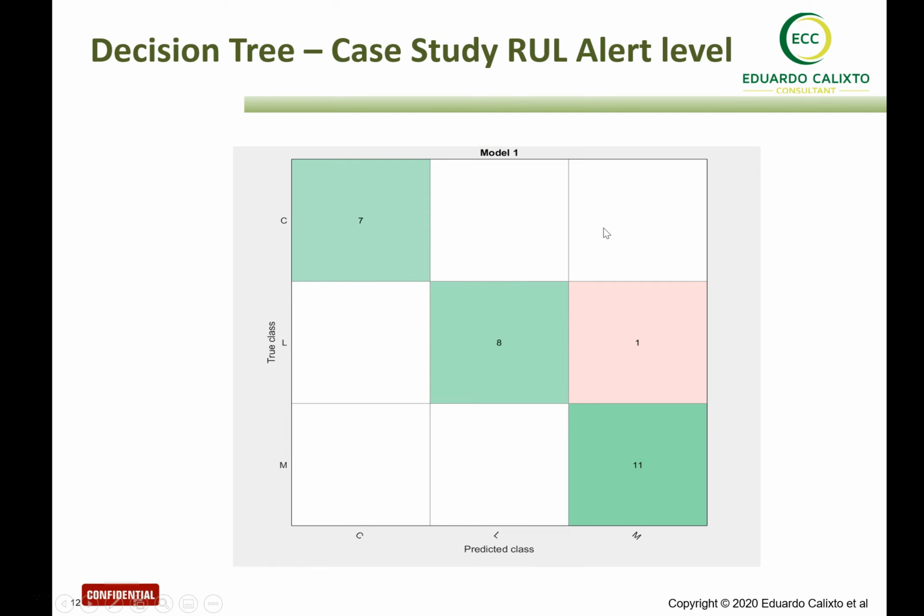We need to be aware that there is always a possibility of misclassification when we apply machine learning. Unfortunately, when we look at many presentations and organizations that develop solutions that automatically give this classification, this alert, they do not show the confusion matrix and the accuracy of their prediction.